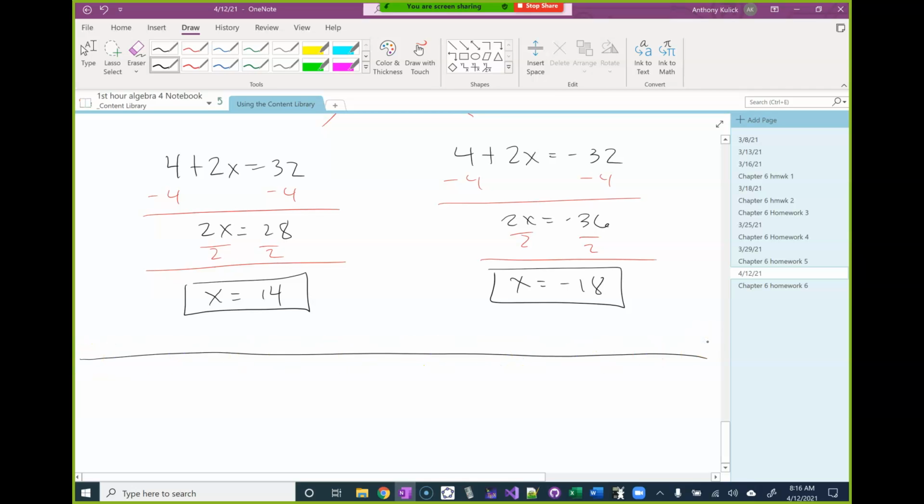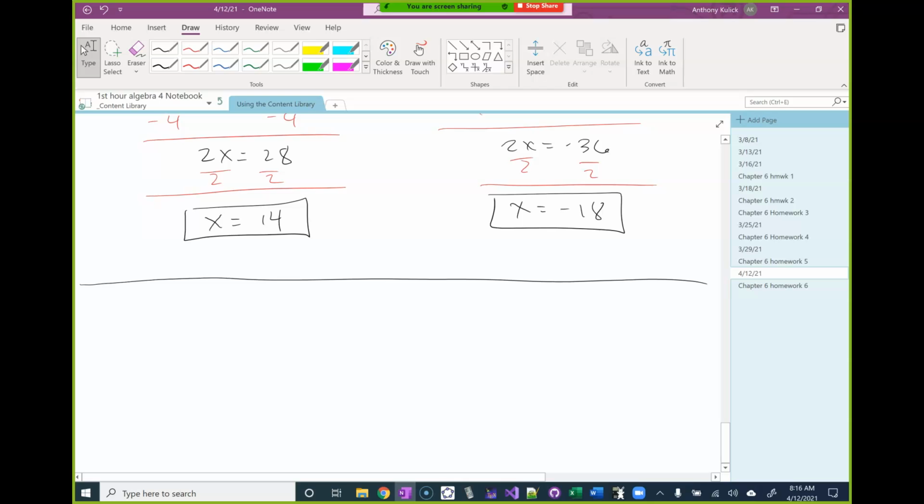So there's one more class of problems that I want to talk about. And this is the hardest situation that we'll look at. The one we're about to do.